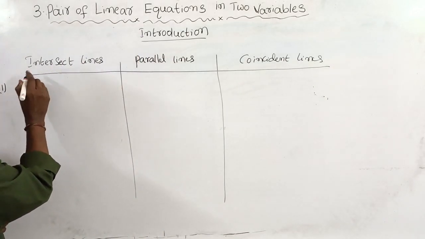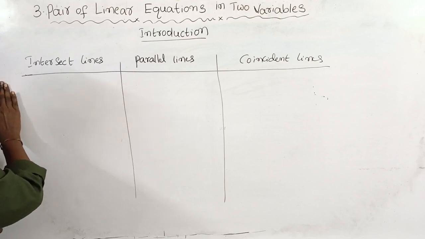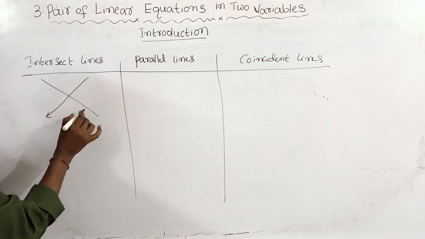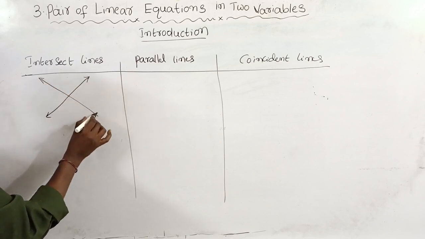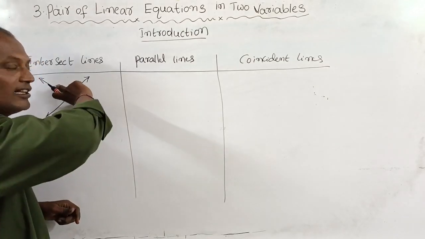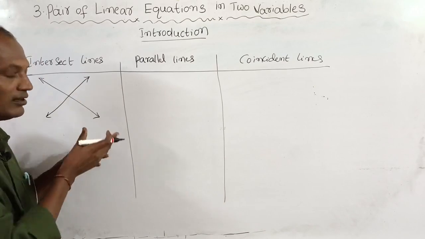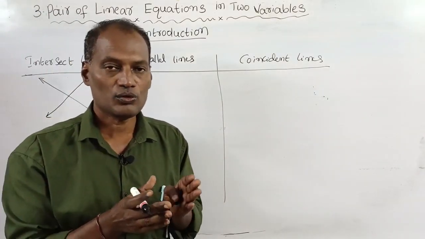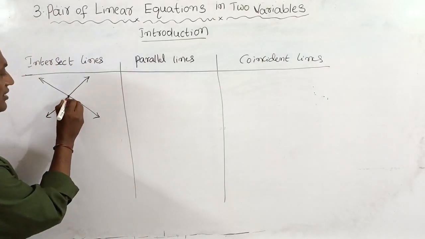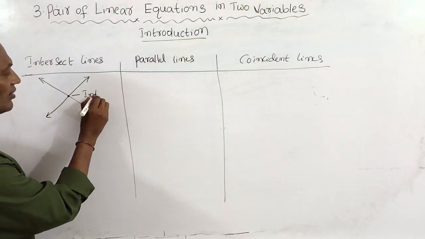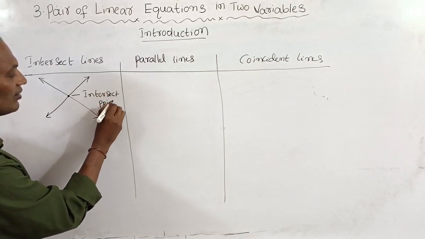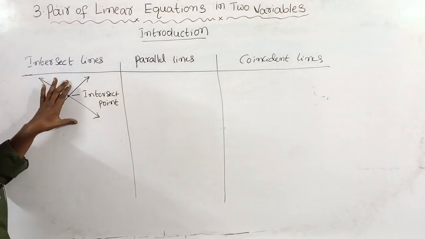Intersecting lines we can represent like this. This is one linear equation, and this is another linear equation. These two intersect at one point. This is the intersection point. We can represent it on the graph.